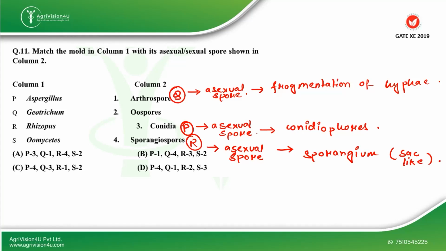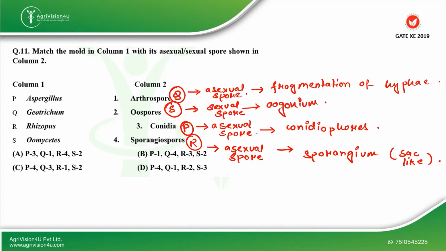Last one, that is Oomycetes. While these organisms are often referred to as molds, they are actually more closely related to algae. They produce the oospores. They are actually sexual spores that are formed within specialized structures called oogonia.